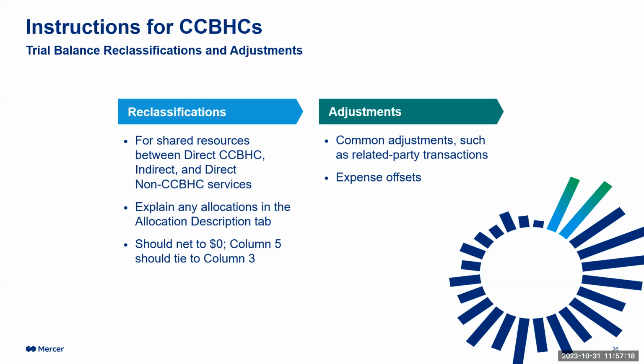As we had mentioned, these should net to zero. Any adjustments are going in that other column that we're going to talk about in a minute. Common adjustments are things such as related party transactions, lobbying, and, as mentioned earlier, bad debt expenses, those types of costs that are not reimbursable under CMS cost reporting principles. So those are the ones that are going to be adjusted out.